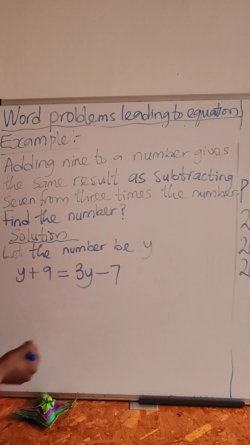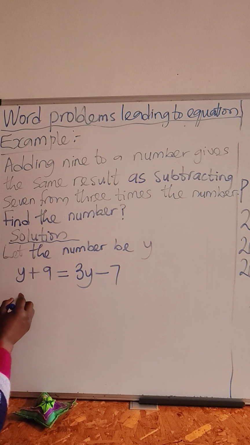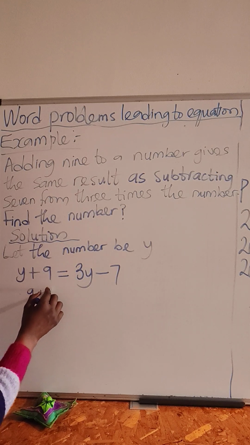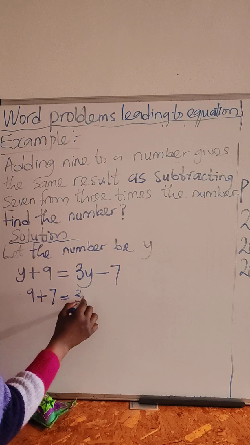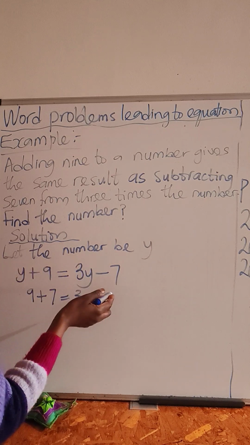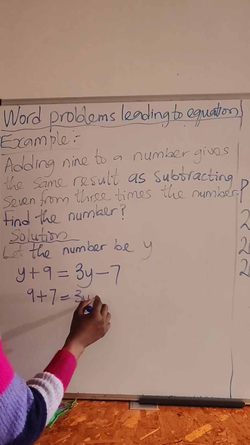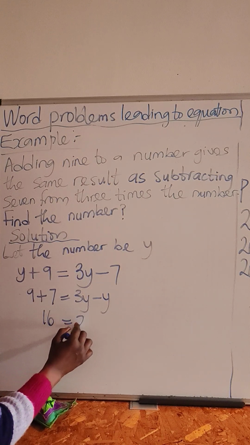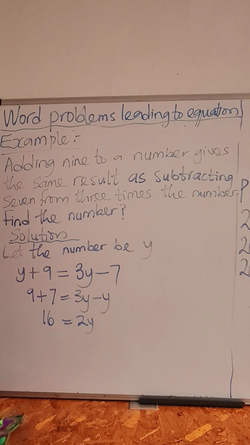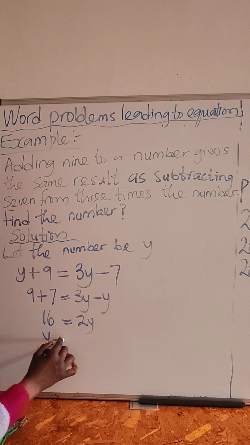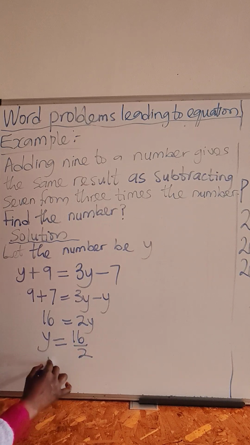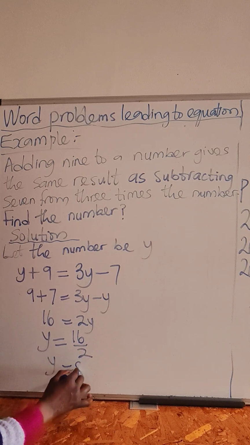So collecting like terms now, we're going to have 9, 7 coming over will be plus 7, 3y, and y going to the other side will be minus y. Here will be 16 equals 2y. Making y the subject of the formula, we have 16 divided by 2, so y is 8.